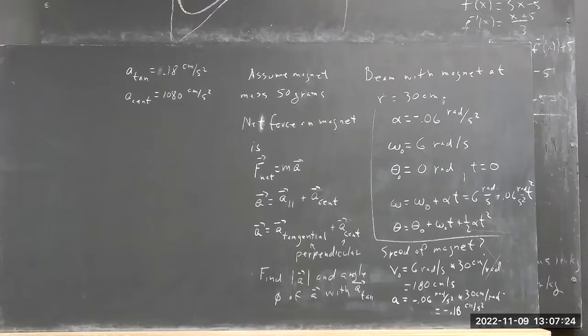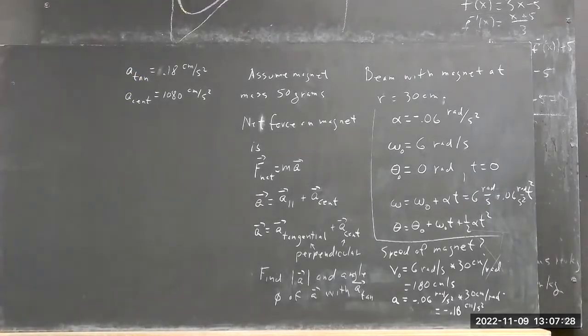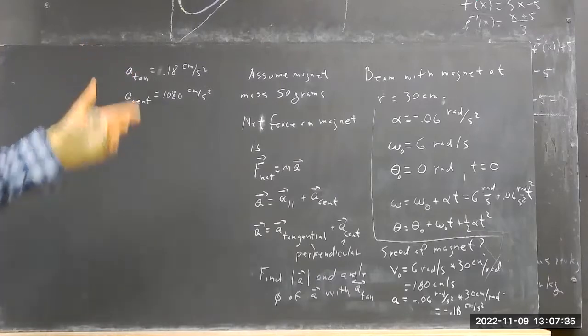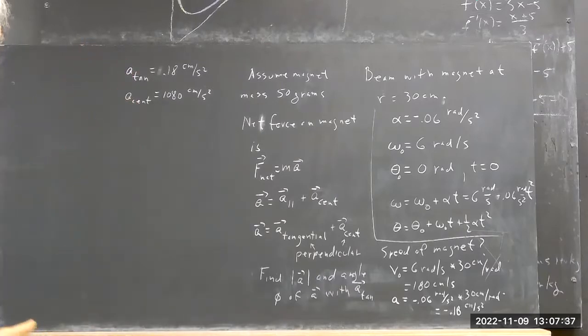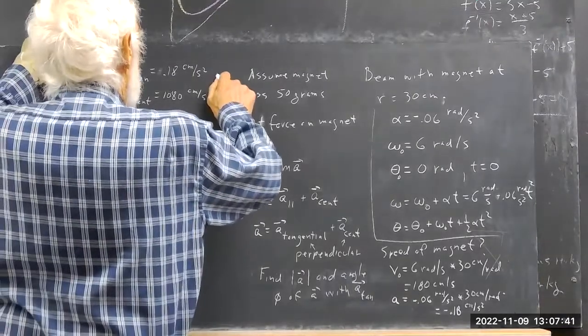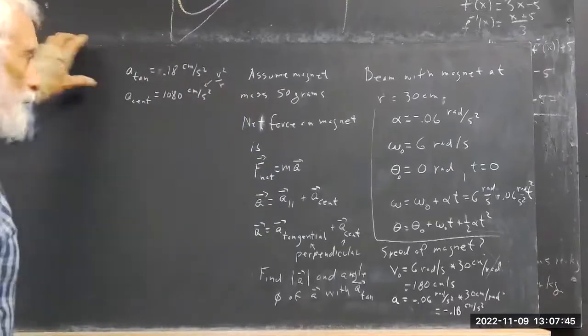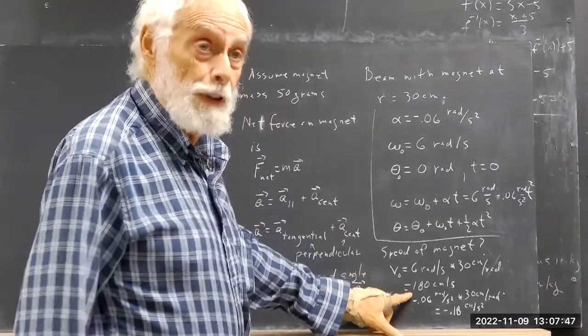Well, we easily get the magnitudes for the tangential and centripetal acceleration. Centripetal acceleration is just v squared over r. And v is 180 centimeters per second.